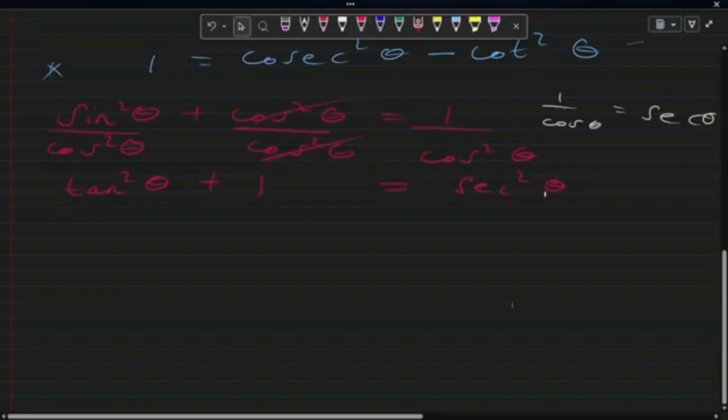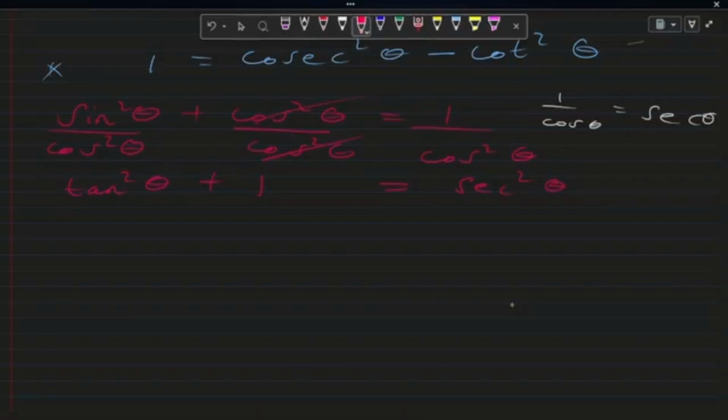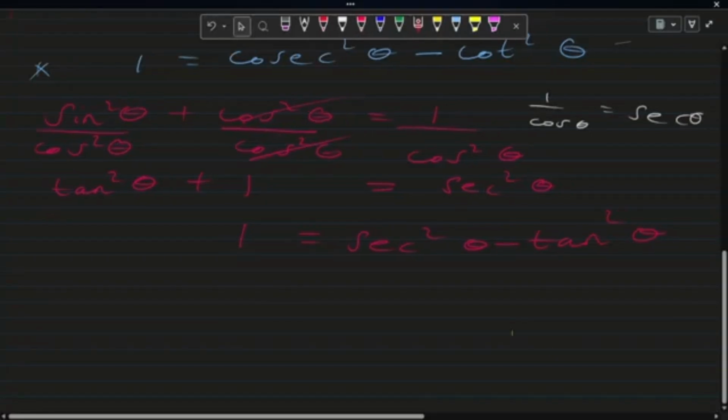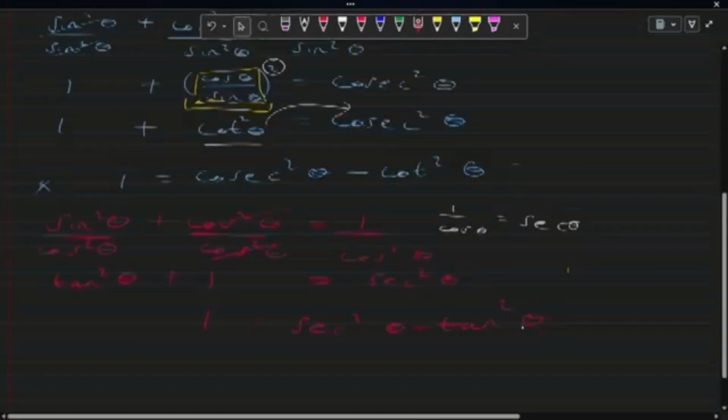So this is the reciprocal of cos squared theta, and from here we have another beautiful identity, which is this one, okay? So this one states that sec squared theta minus tan squared theta gives us a value of 1, okay?